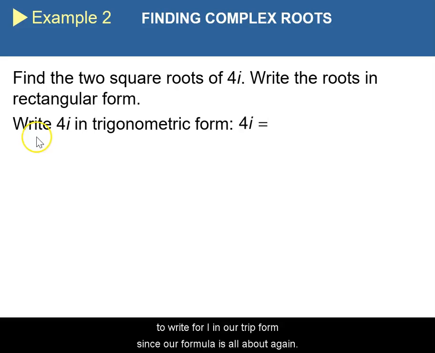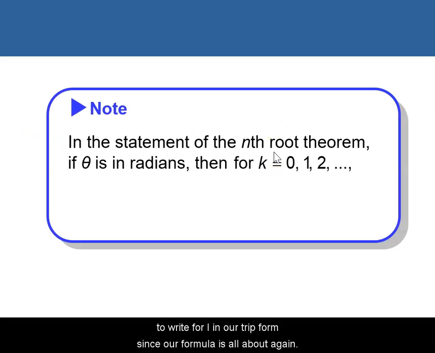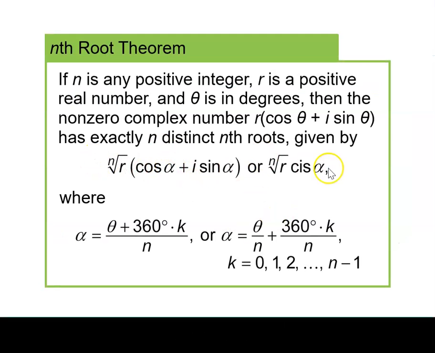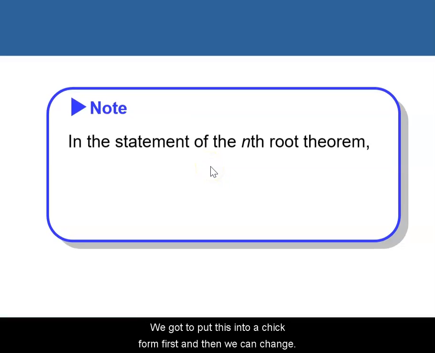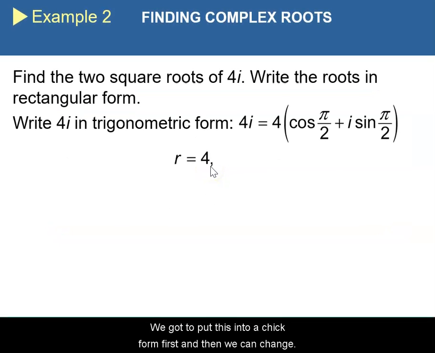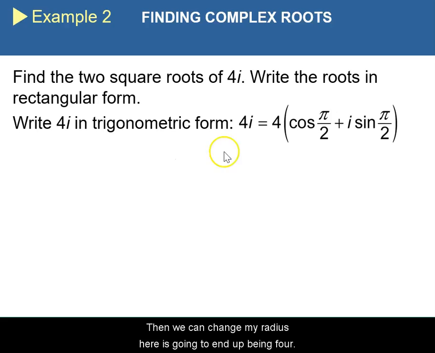So to write 4i in our trig form, since our formula is all about the trig form, we have to put this into our trig form first, and then we can change things.